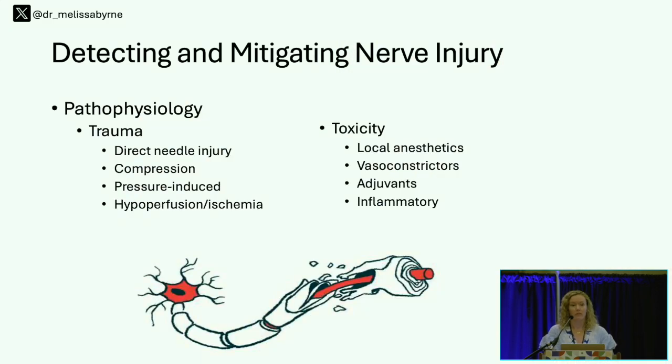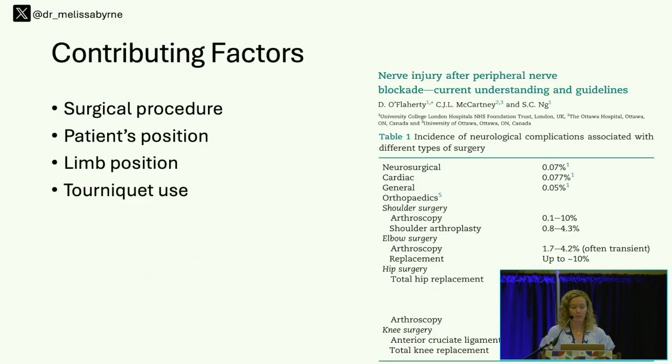There are a number of reasons why this may occur. I don't want to spend all day talking about pathophysiology, but basically nerve injury theory rests upon the two-hit hypothesis, right? That more than one insult is necessary to cause damage.